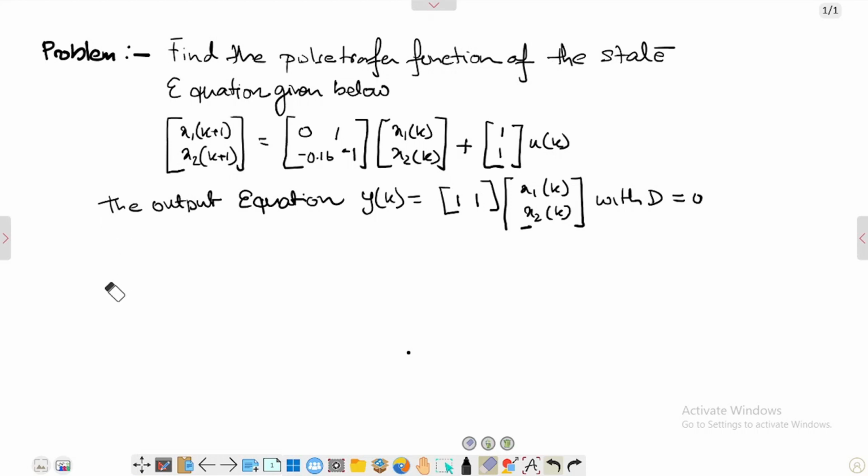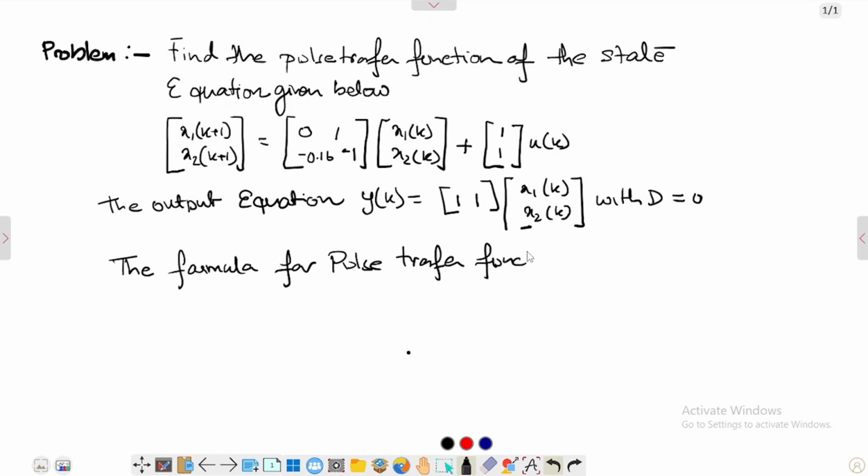To solve this kind of problem, you have to write down the formula first. The formula for the pulse transfer function is given here.